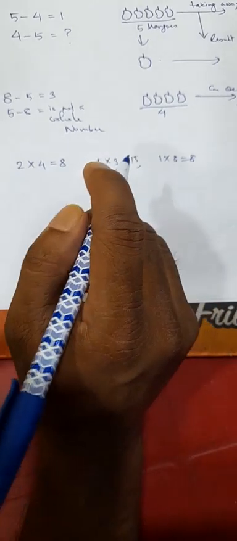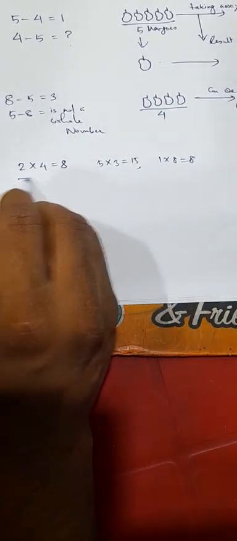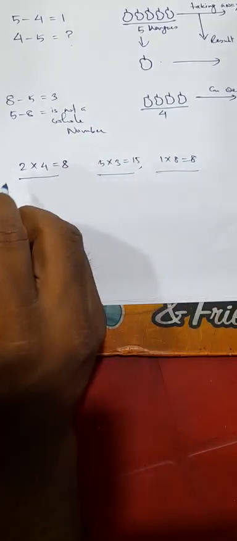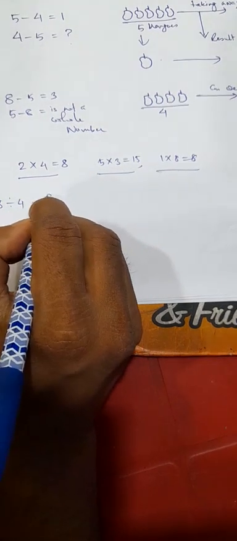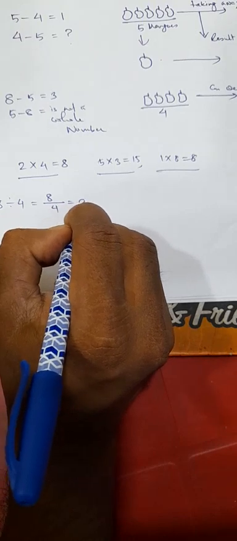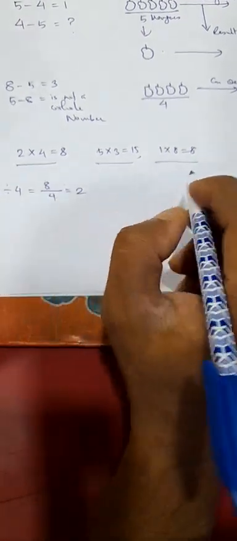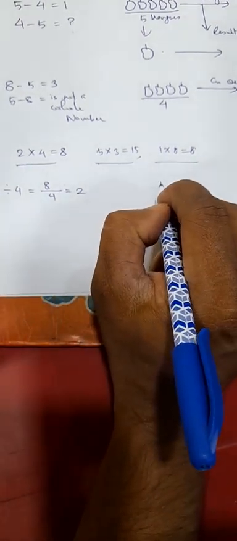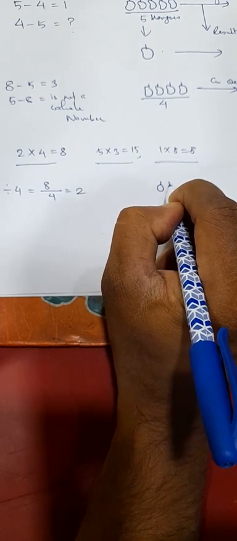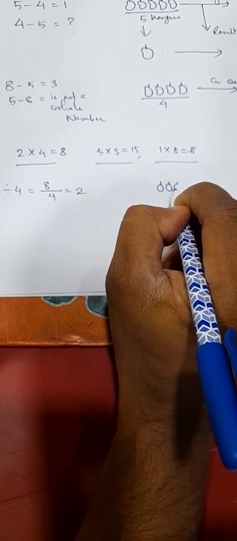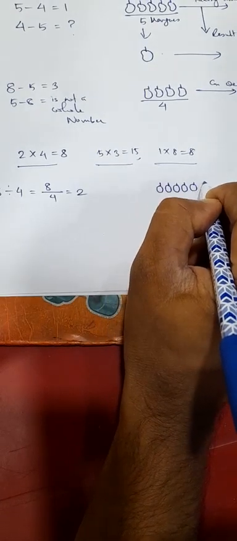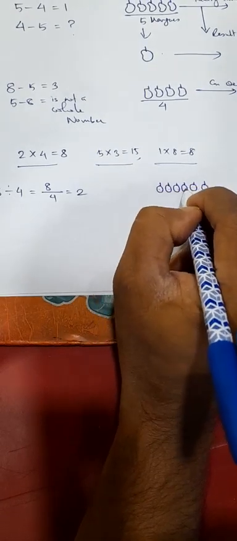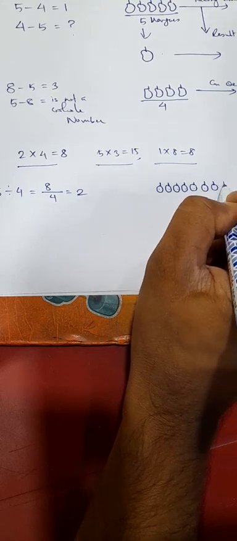Now let's check with the operation of division. For example, 8 divided by 4 equals 2. Suppose you were given 8 apples: 1, 2, 3, 4, 5, 6, 7, 8.